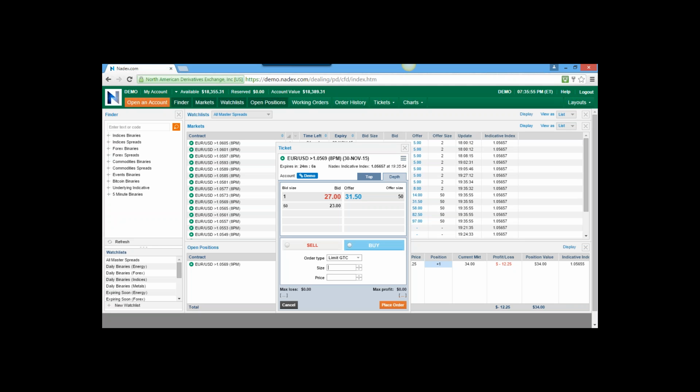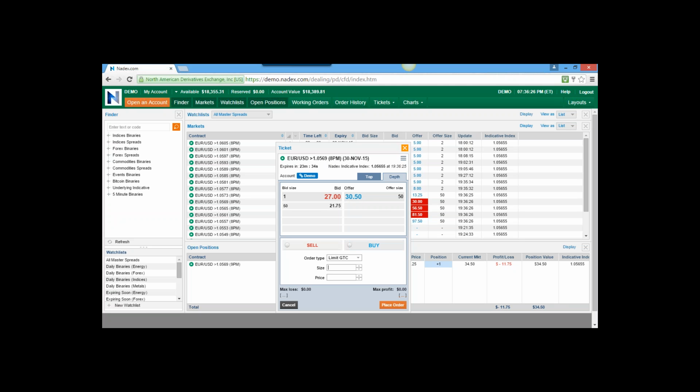Why? Well, because right now I can buy this for 29 bucks. But if the market just goes up 4 ticks, what happens? This value starts to shoot up. What if it goes up 5 ticks and right at expiration, it's at 0.570? Well, it only takes 5 ticks to get to 0.570, and all of a sudden this thing shoots from 31 bucks up to being worth about 100 bucks, right?